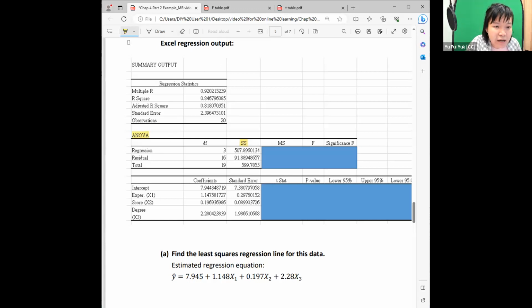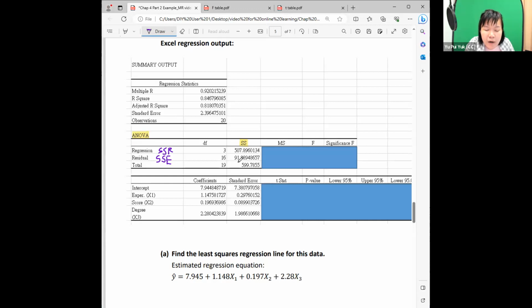The first one is the SSR, the regression. And then the residual, that is the error, so this second one is the SSE. The last one is the SST, but we do not need to use it.